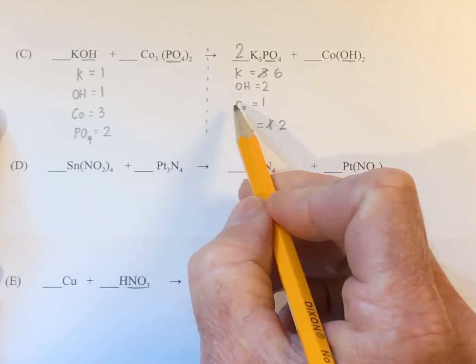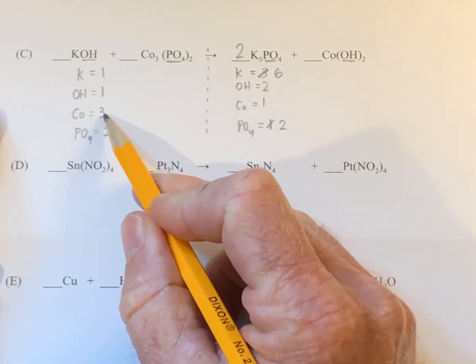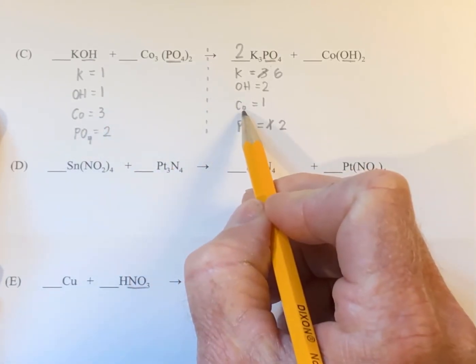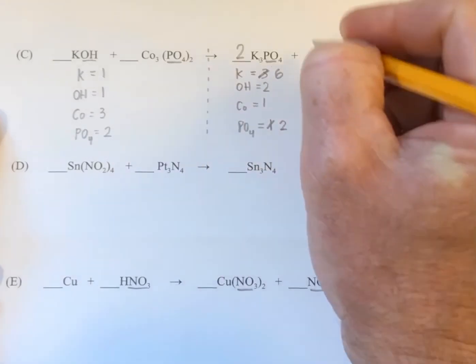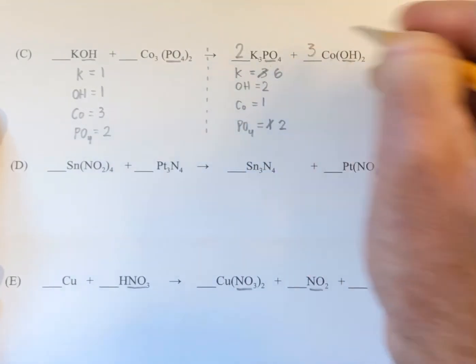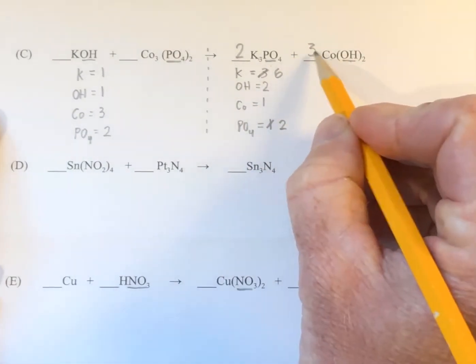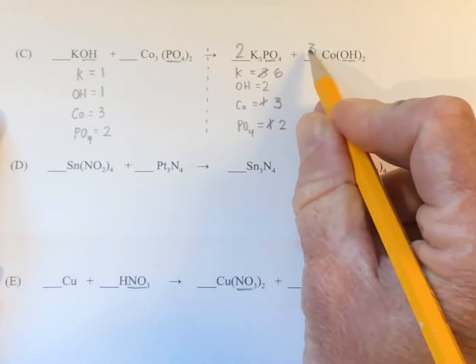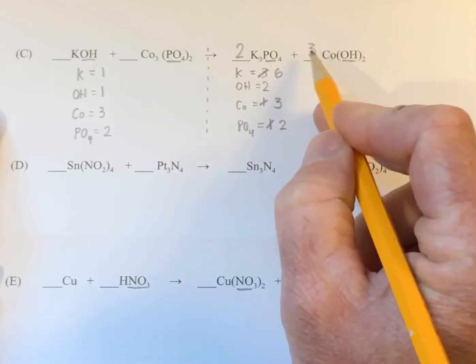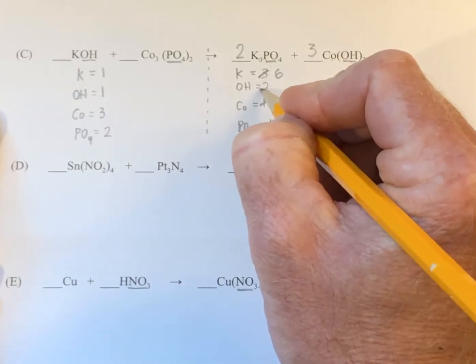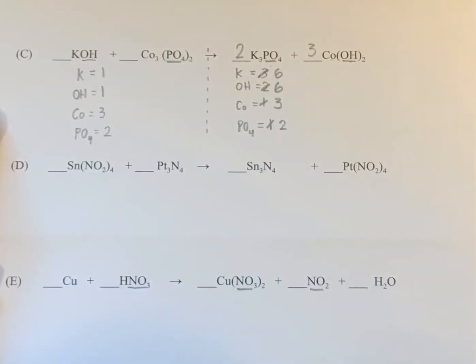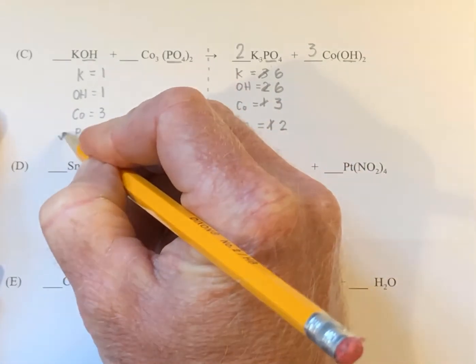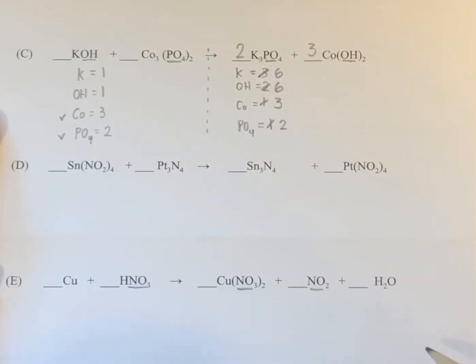For cobalt, with 3 cobalts as a reactant, I also need 3 cobalt ions as a product. I can put a coefficient 3 in front of the cobalt hydroxide. That 3 distributes to both the cobalt, giving me 3, and the hydroxide ions, where there was 2, now there's 6. So I've balanced the phosphate and the cobalt.